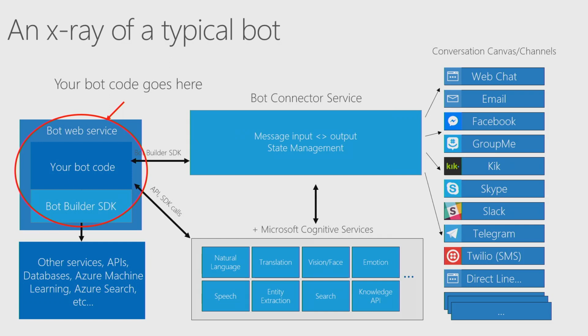As I mentioned, we can use several channels. We do that through the bot connector. That's the name of the service, bot connector service. There are several channels, such as Slack. But if you have read the news, you know that Microsoft recommended not to use Slack because of some security issues. But that's something different. There is Twilio, there is Telegram. There are several other channels.